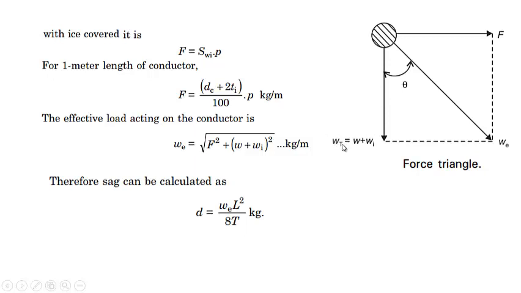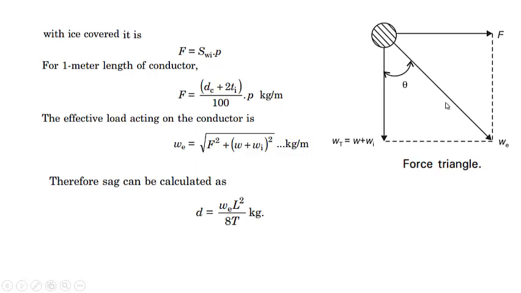Since the wind force we are assuming to be in the horizontal direction, and the total weight, that is Wt, is equal to W plus Wi, that will be appearing vertically. So the total effective weight appearing across this conductor will be the vector sum of these two, which can be calculated by using the parallelogram law.